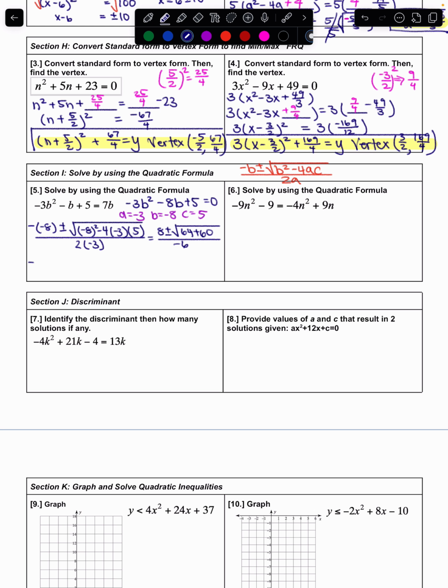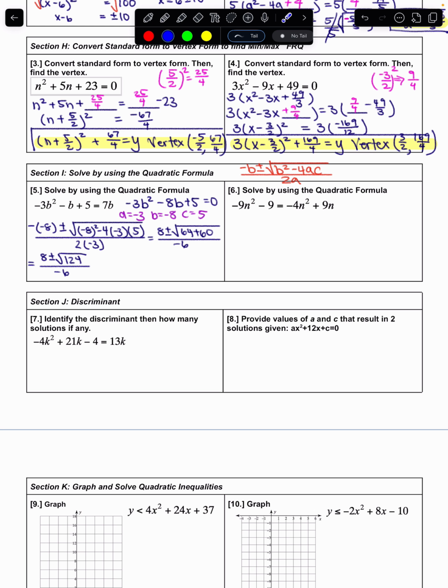I'm going to continue on in the next line. So I have 8 plus or minus the square root of 64 plus 60, which is 124, I believe, all over negative 6.